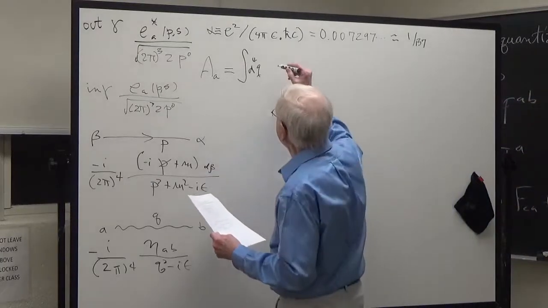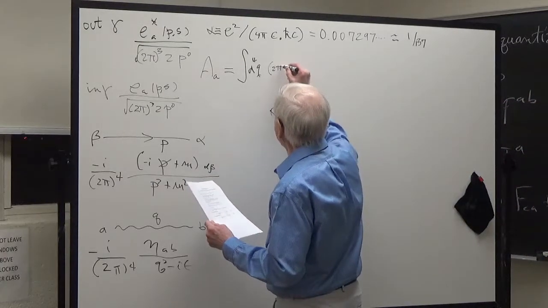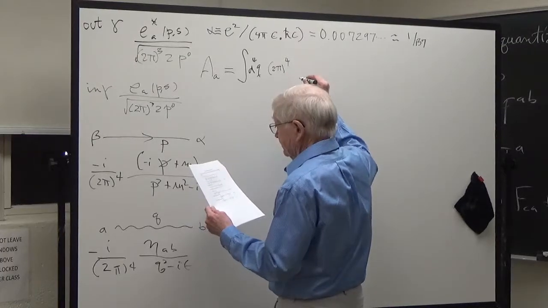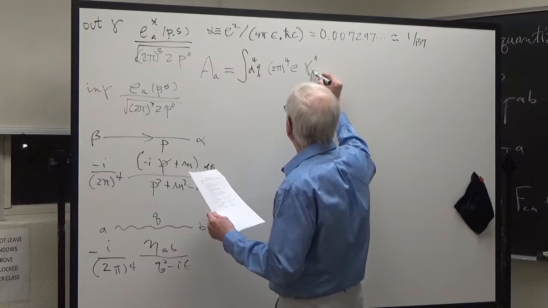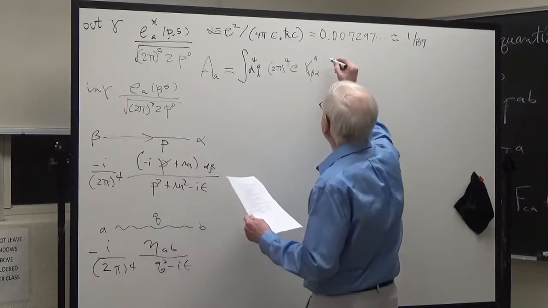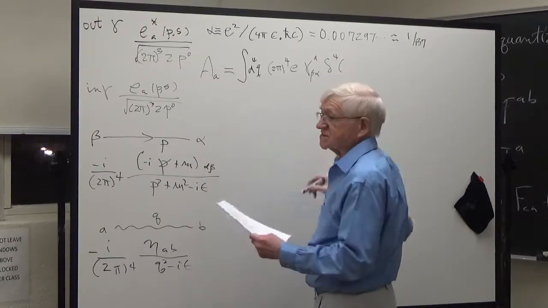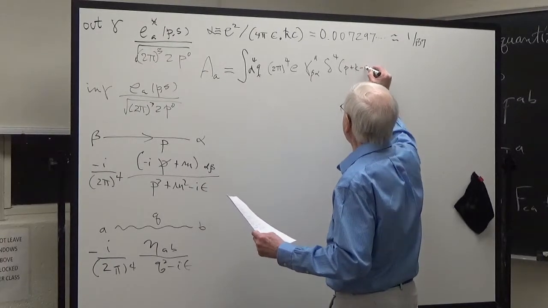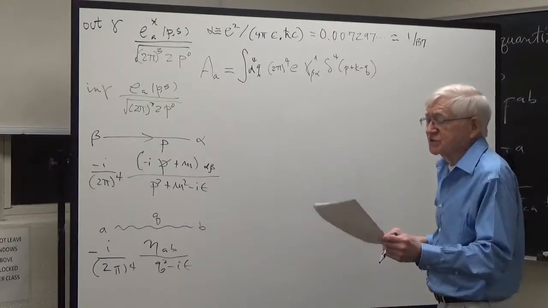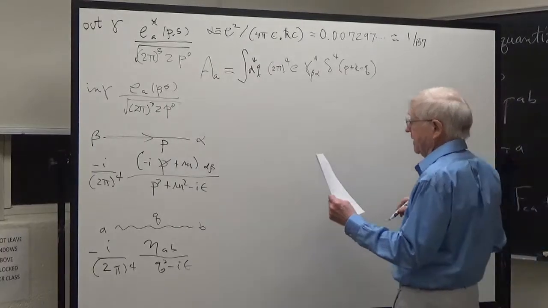So for each vertex you put in this factor. We've got 2 pi to the 4th e gamma A beta alpha delta 4th, and in this case, looking at the diagram, it's p plus k minus q, because q is going out, that's the photon going up.